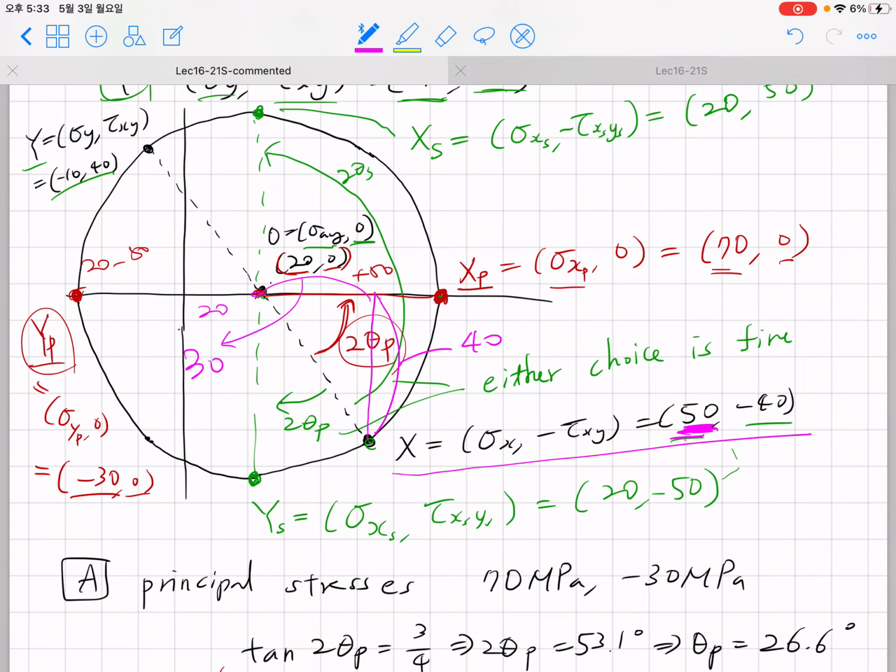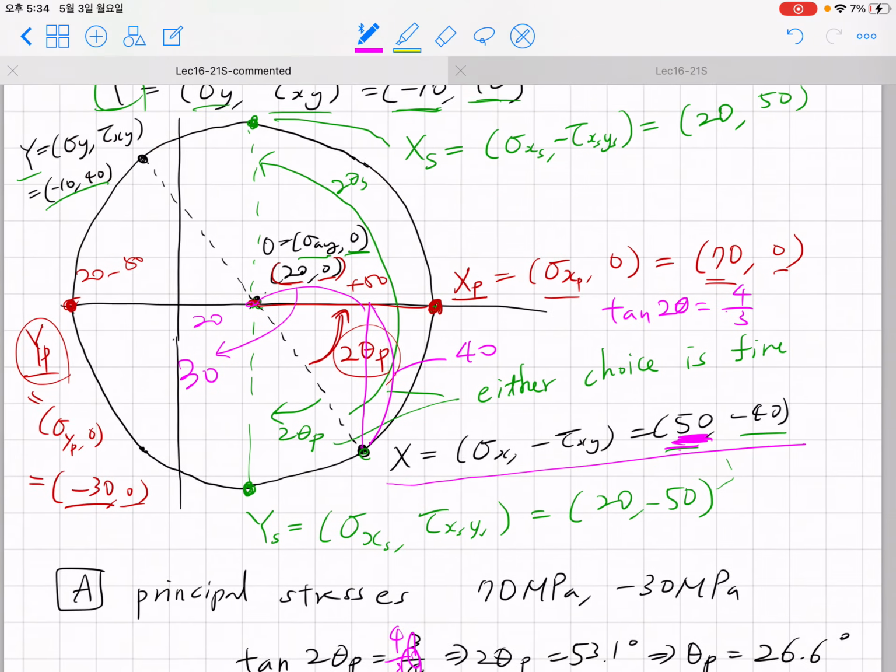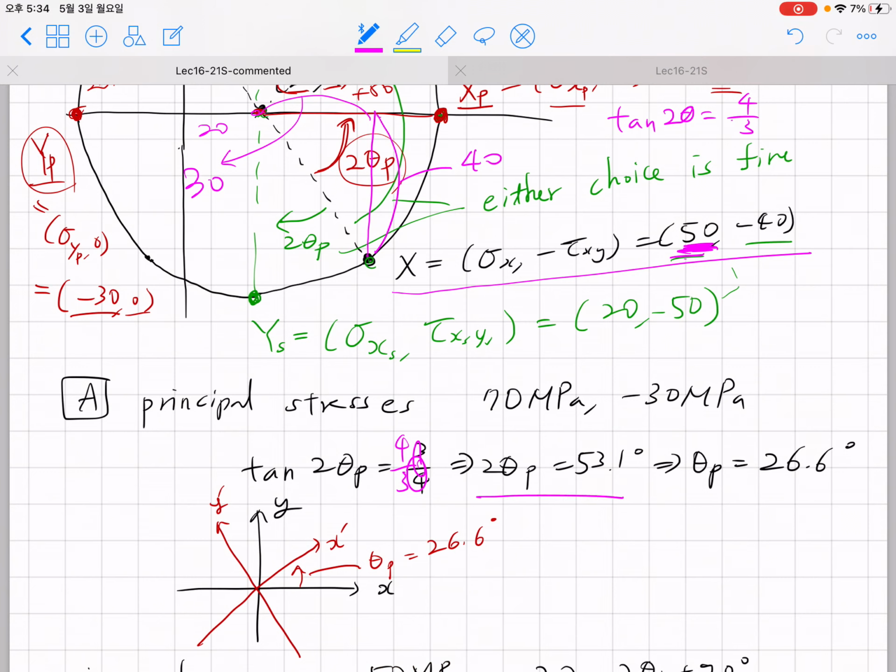It means that tangent 2 theta equals 4 over 3, and out of this 4 over 3 you can obtain theta p. 2 theta p is 53.1 degrees.